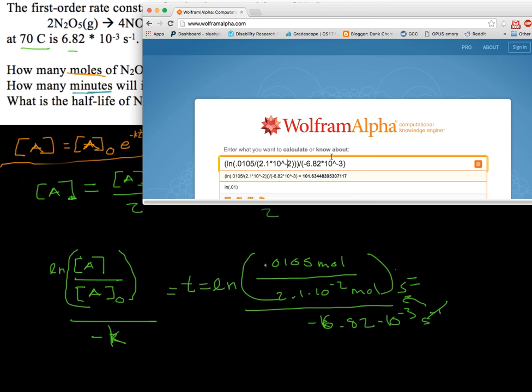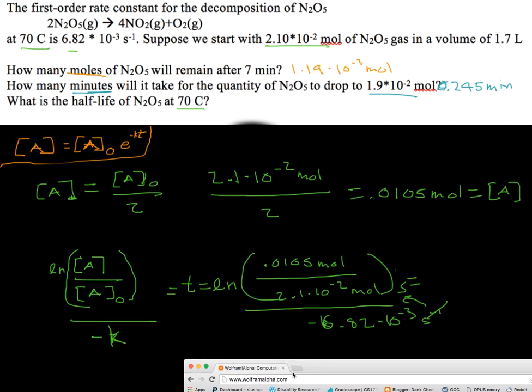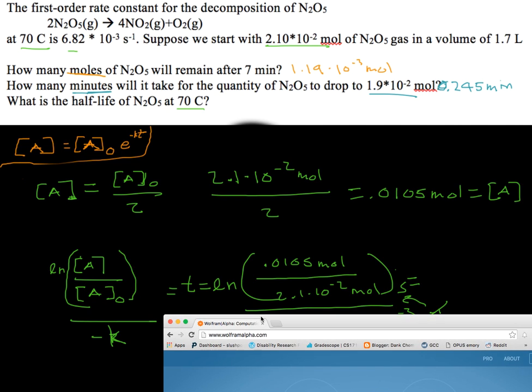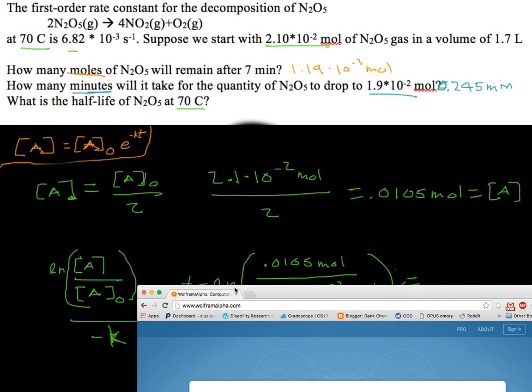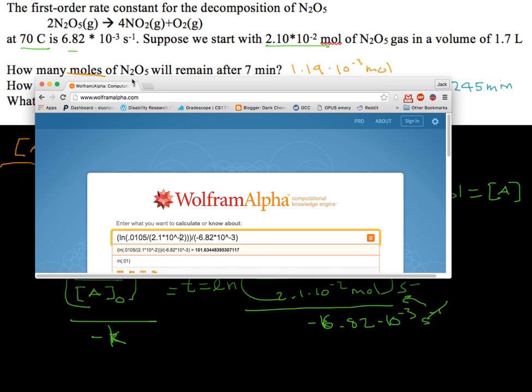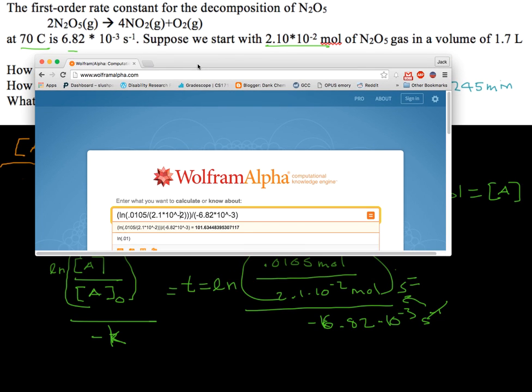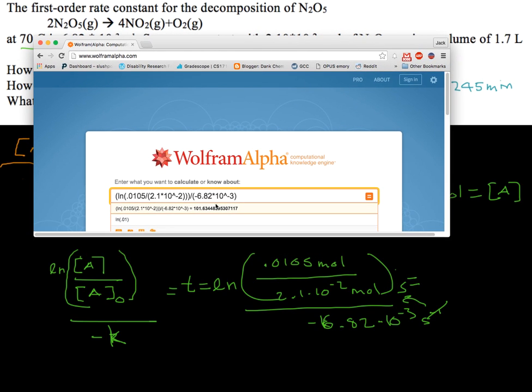Times 10 to the negative 2. Did get all the values in right, I think. No, this is right. I was thinking it should be smaller, but I think this is actually right.